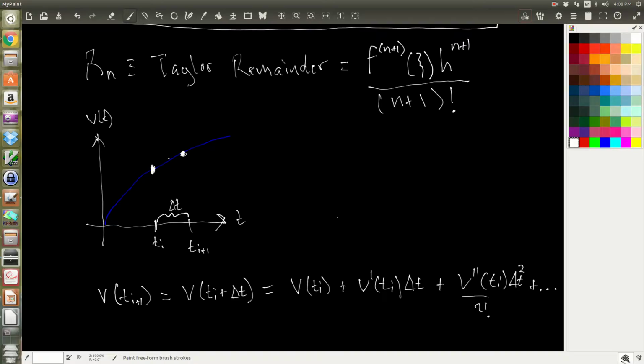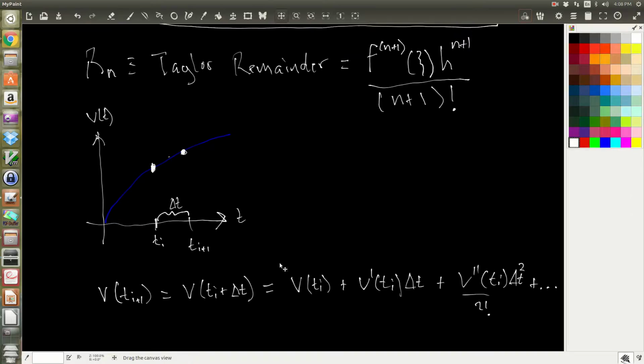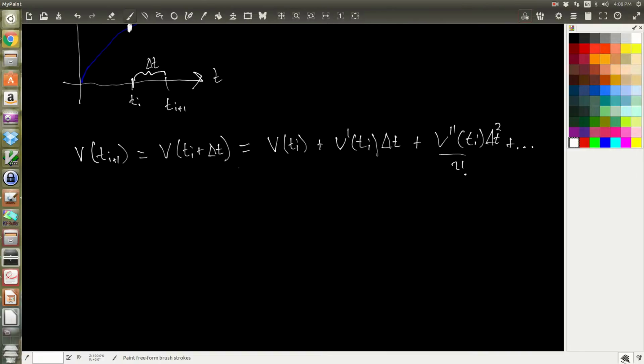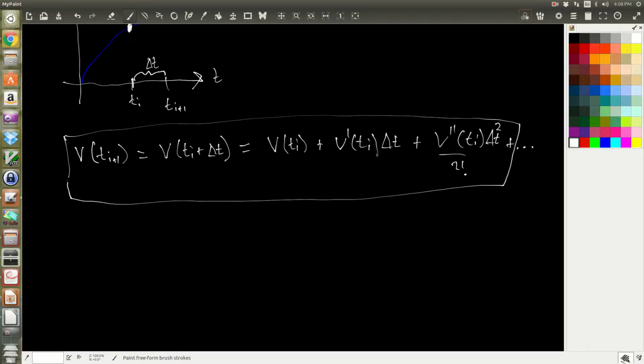And now I can solve this equation right here for the derivative at ti. I wanted an approximation for the derivative of v at ti, so I'm going to isolate it on one side of the equal sign.